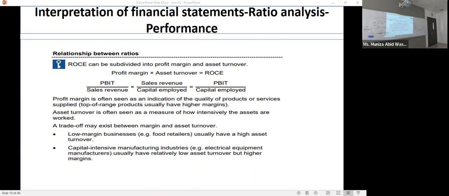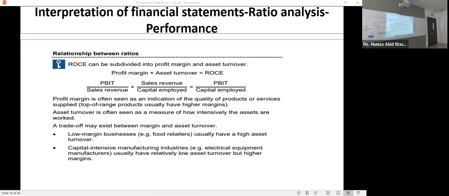Capital intensive manufacturing industries usually have relatively low asset turnover but higher margins. The reason is the opposite. Capital intensive manufacturing industries, such as electrical equipment manufacturers, obviously need updated technology, so they invest more in technology and assets. Their assets will be newer, and less depreciation will be charged on those.